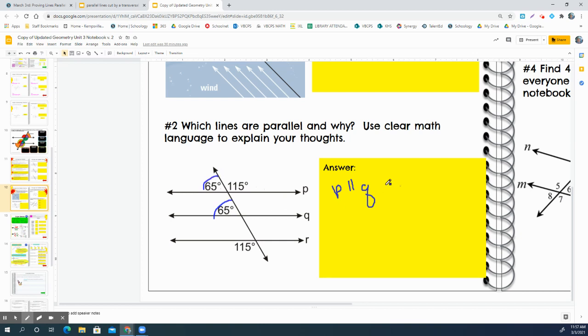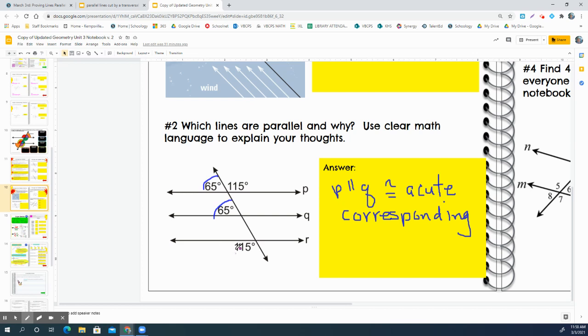They're both acute. So I've got congruent, acute. Can we throw out a big, long C word? Corresponding. So say that again, Wesley. Oh, was it Kalani? Kalani, what were you saying?